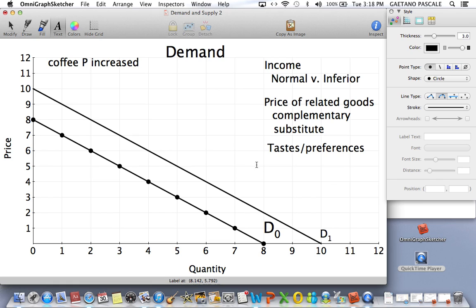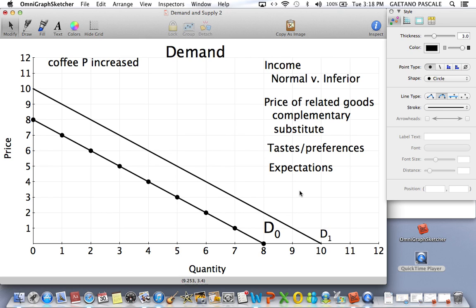And finally, realize that your expectations change, especially what you think is going to happen in the future is going to change your demand today. Let me give you an example. During the housing market crisis and the banking crisis and everything else that went on in the late 2000s, 2007, 2008, 2009, a lot of people were fearful of losing their jobs.